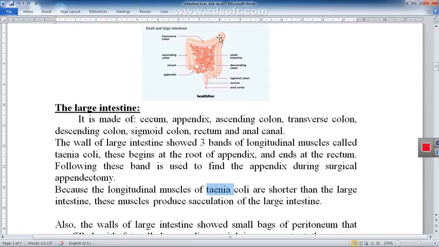These longitudinal bands, the tinea coli longitudinal muscles, are shorter than the length of the large intestine, and that leads to the formation of lobulation of the large intestine. You can see that the wall of the large intestine is lobulated, or shows sacculation.